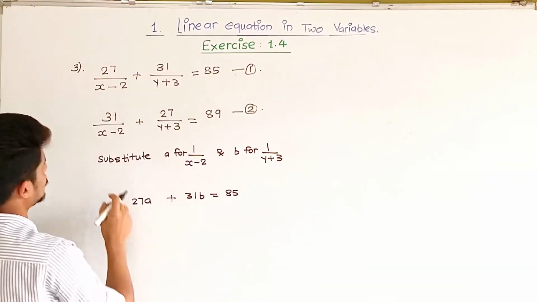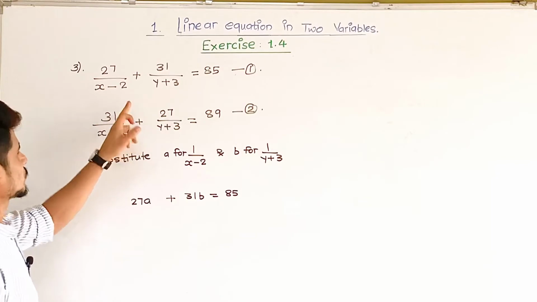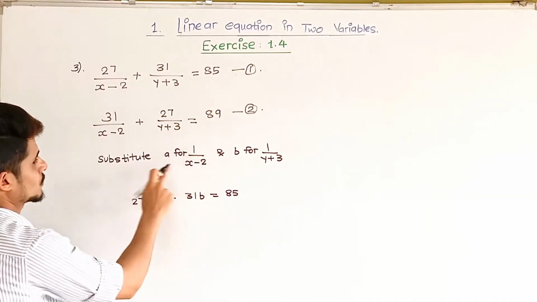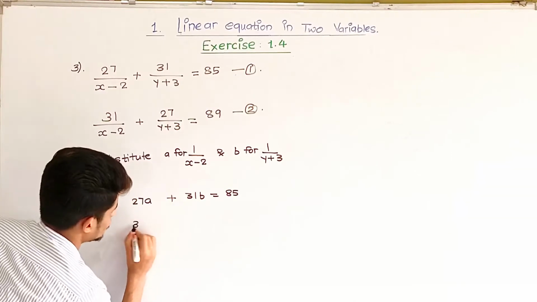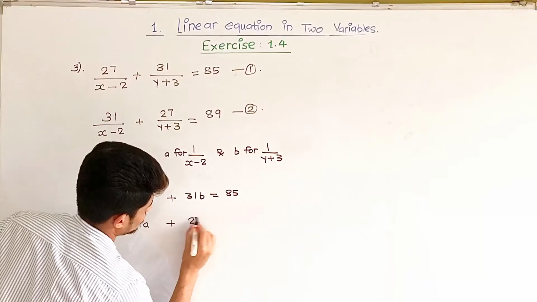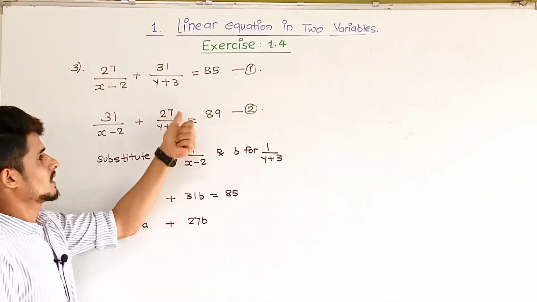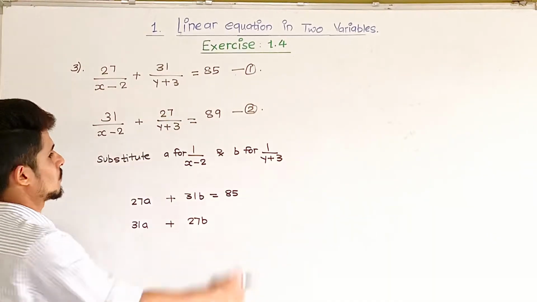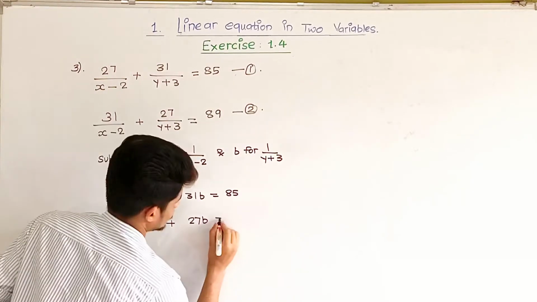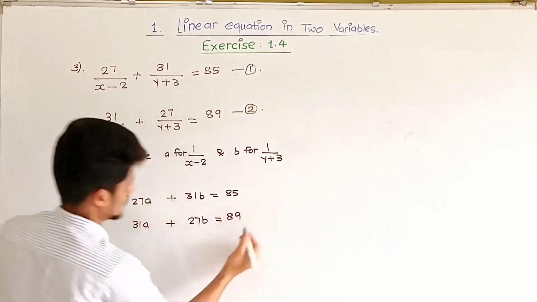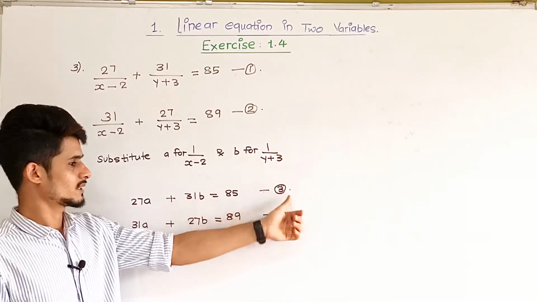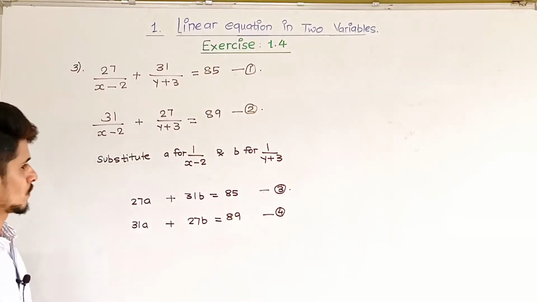Similarly, equation 2 will be 31 into 1 upon x minus 2, which is a, so 31a plus 27 into 1 by y plus 3, which is b, so 27b is equal to 89. Now we have two new equations, equation 3 and equation 4.